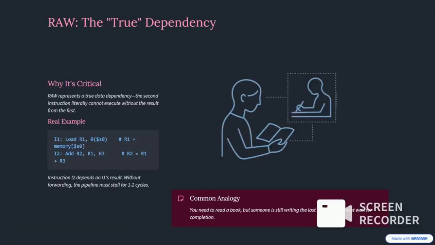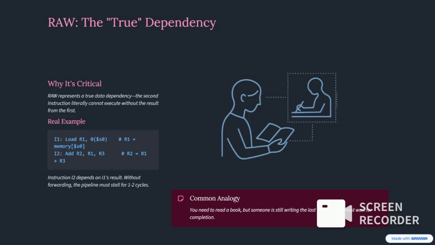In modern processors, we use something called pipelining, where multiple instructions are processed at the same time. While this improves speed, it also introduces conflicts called data hazards. There are three main types: RAW, read after write. This is the most common type.